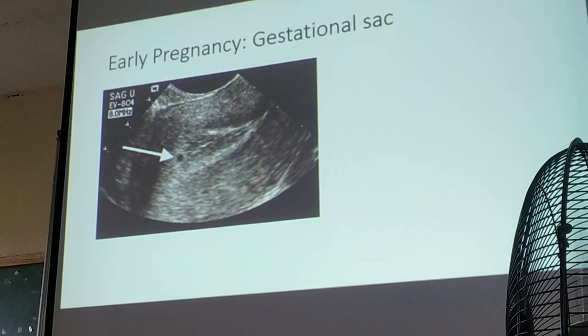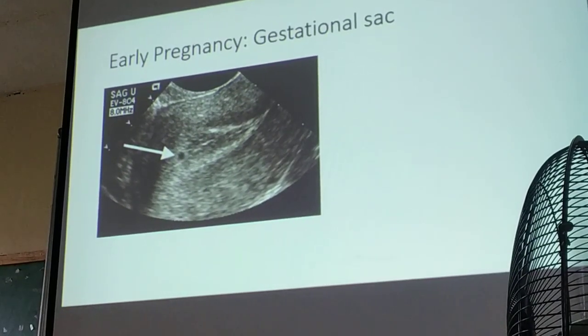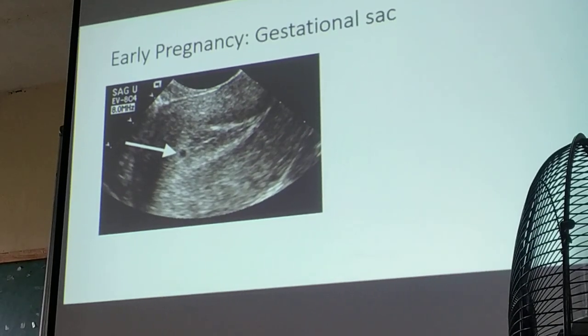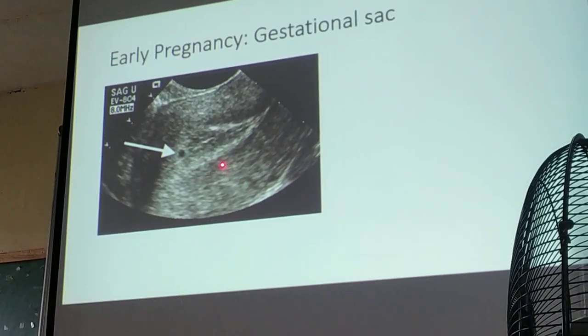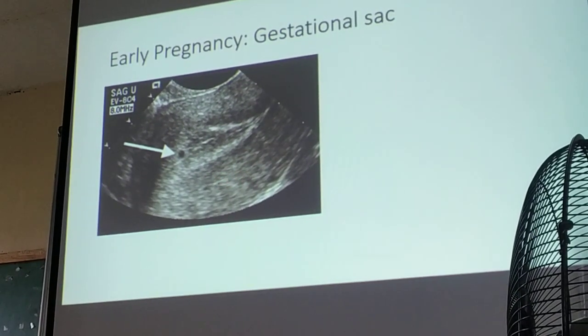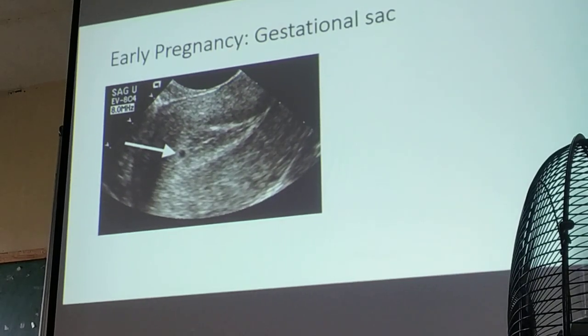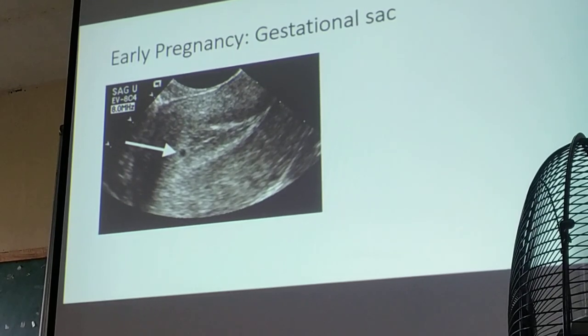That's why you have your GS there. Okay? GS is very, very important. If you see an almost perfect circle at the end of the endometrium, if I would ask you to identify that, that is your gestational sac. Okay?